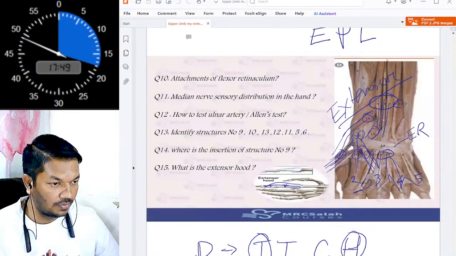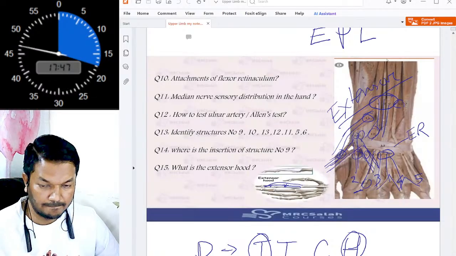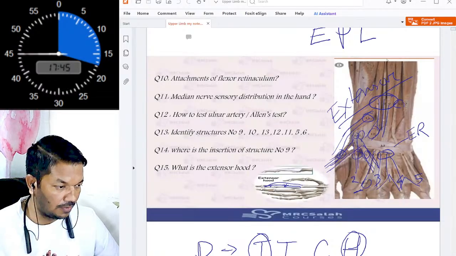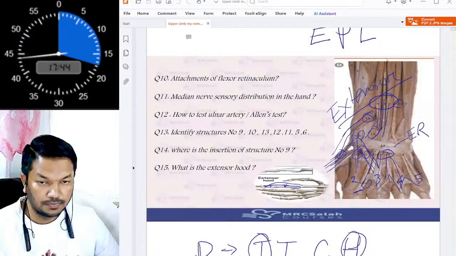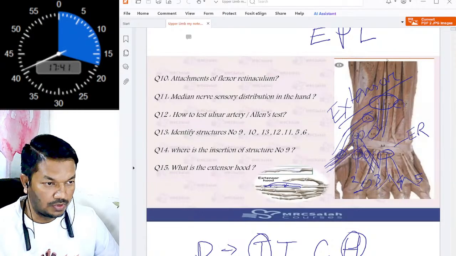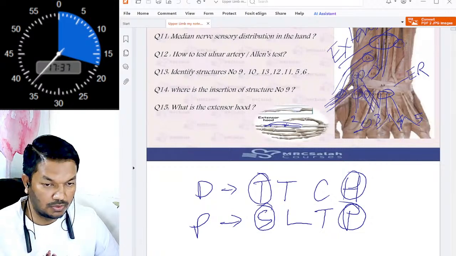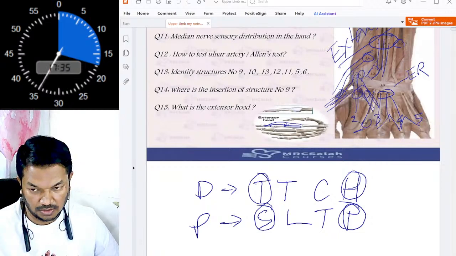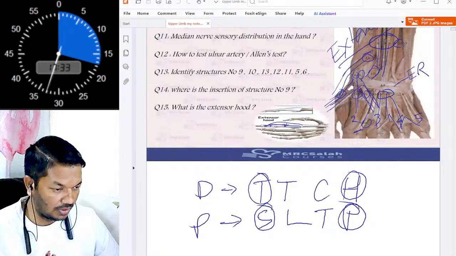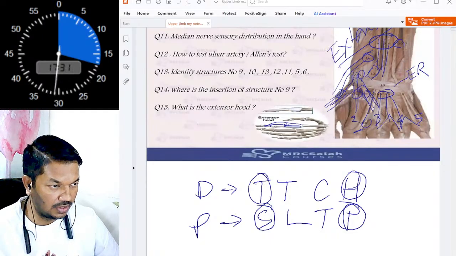So day after tomorrow we will start lower limb. Yes. Yes, sure. Day after tomorrow.